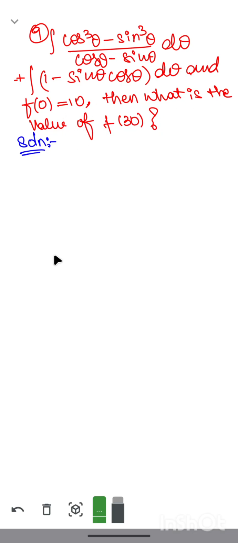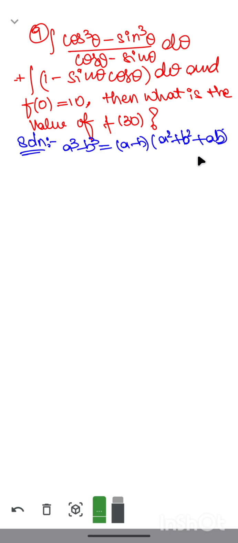Now to find the solution of the given problem, we can rewrite the first term by using the standard formula. The terms look like a cube minus b cube. The formula of a cube minus b cube is (a minus b) into (a square plus b square plus ab).